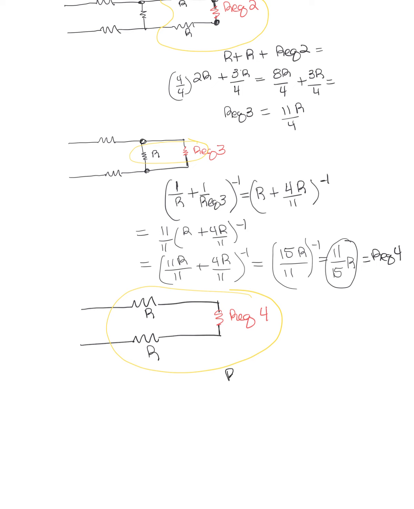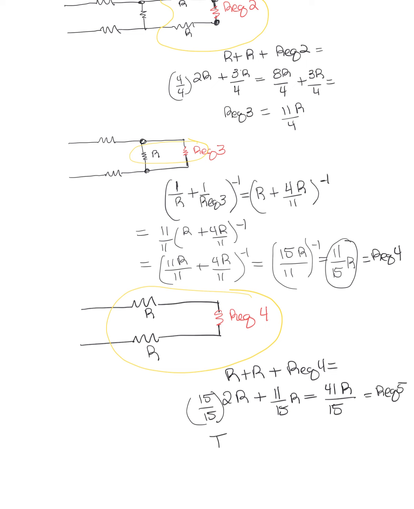And they're all in series, so it's just going to be R plus REQ4, which is going to equal 2R plus 11 over 15R. Have to get our common denominator here, so we're going to multiply by 15 over 15, so 30 plus 11 is 41R over 15. And this is REQ5.